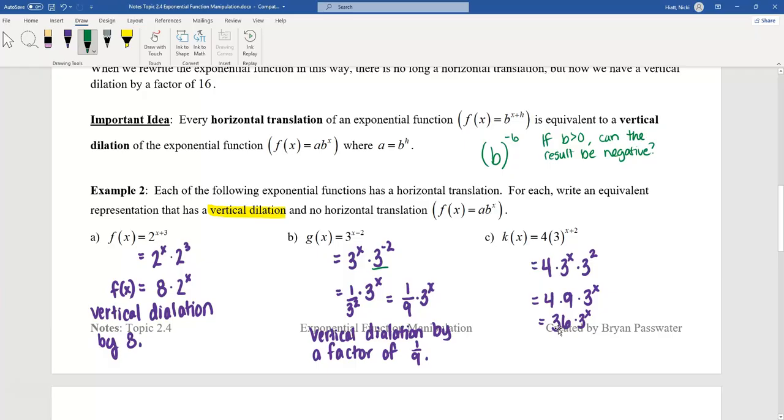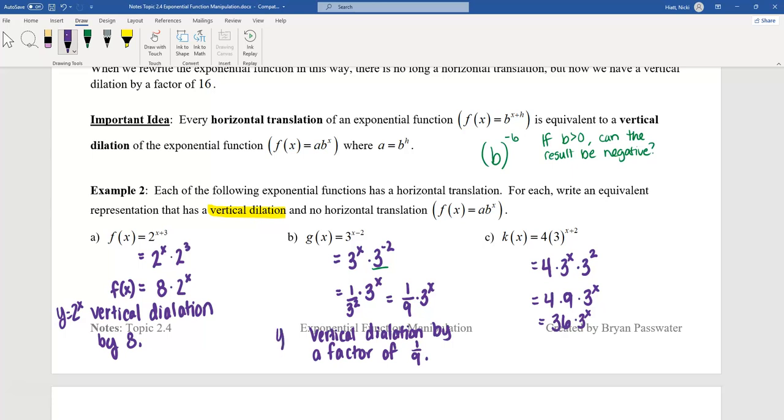So another thing that might be tricky about this, I did not put the final answer here because I think there's a couple ways they might give this to you. For these, I should have said this is y equals 2 to the x being dilated vertically by a factor of 8.